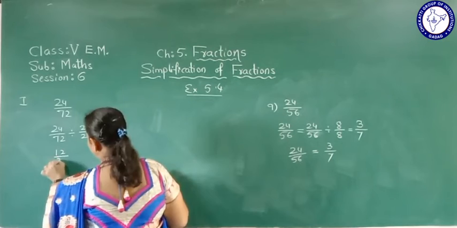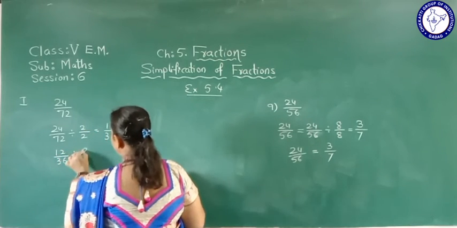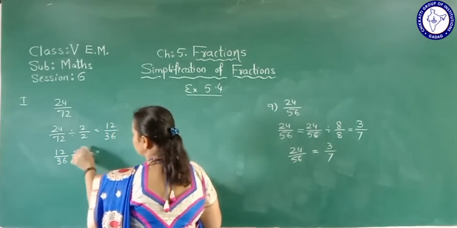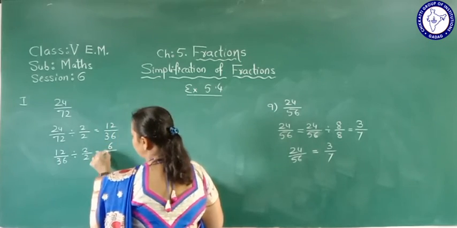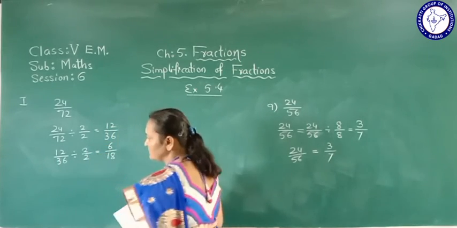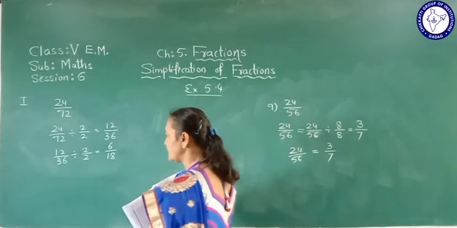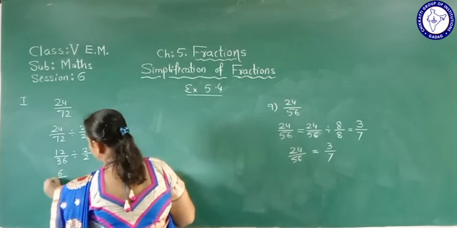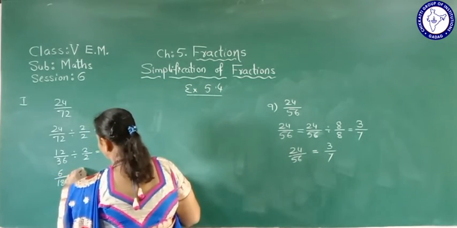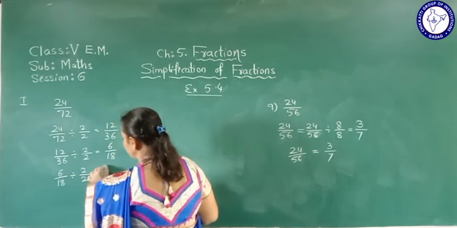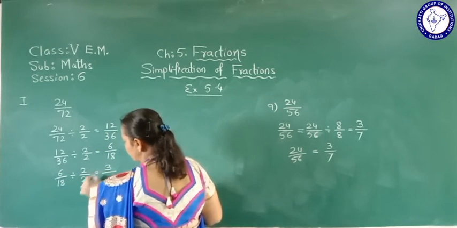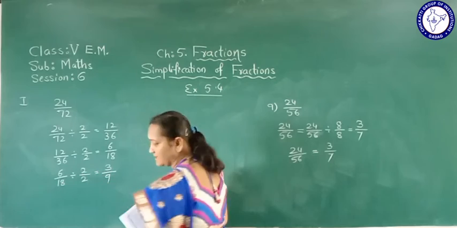Then 2 6s are 12 and 2 18s are 36. Then again 6 by 18, you can reduce it by 2. So 2 3s are 6 and 2 9s are 18.